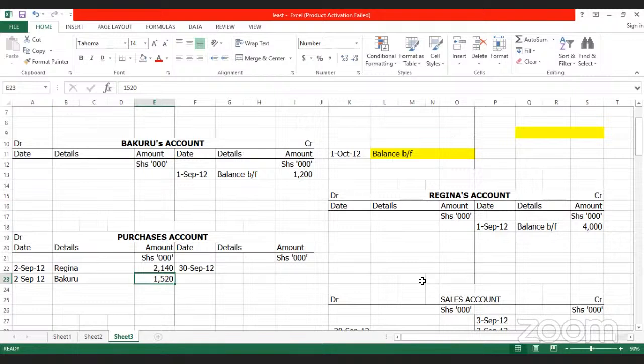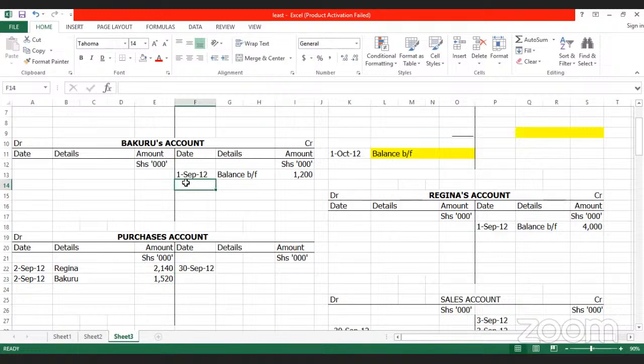Thereafter, we have to complete double entry. Don't forget that each and every transaction affects two or more accounts. So we have to go to Regina's account and Bakuru's account to complete double entry.